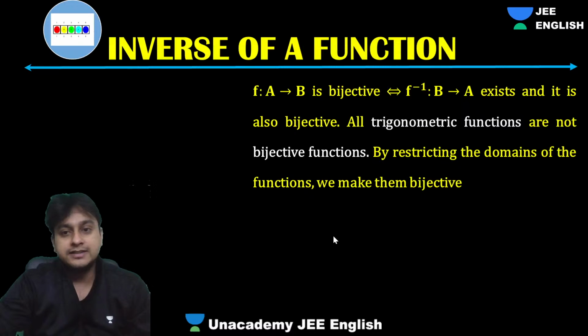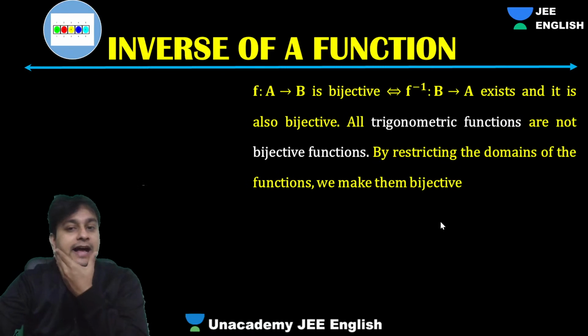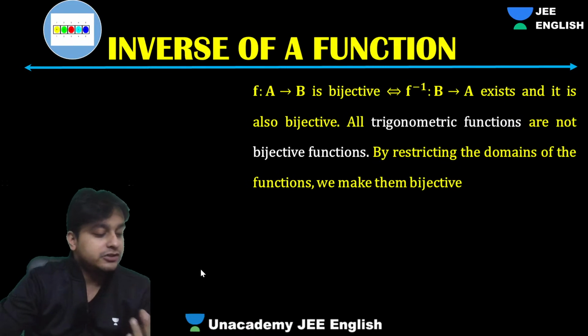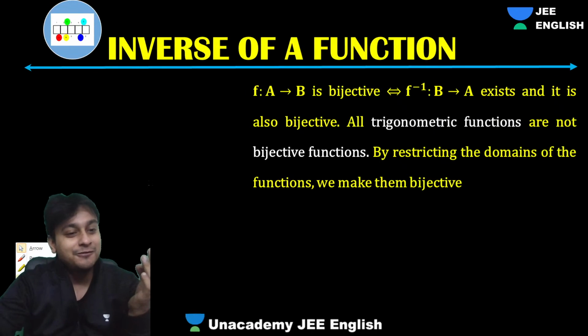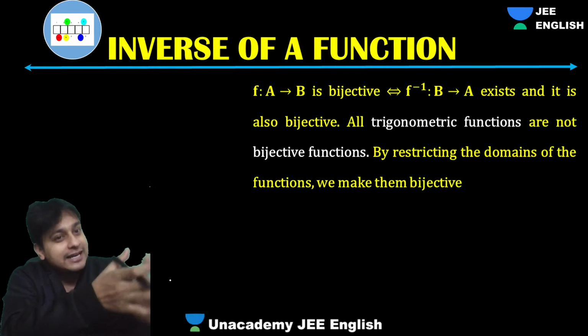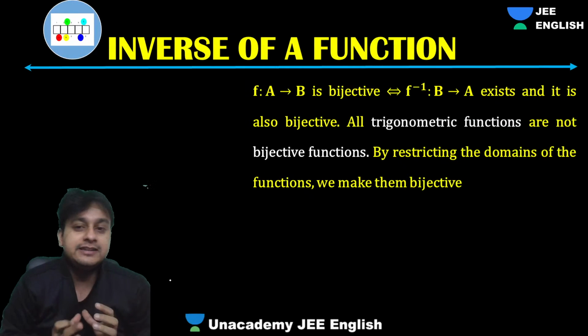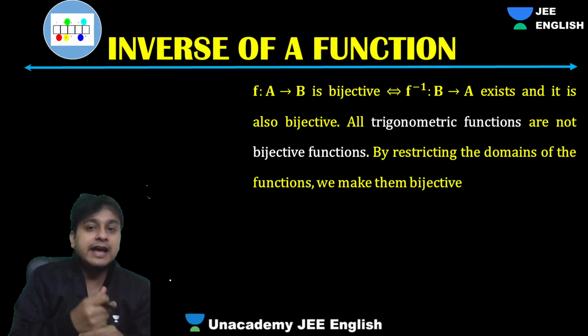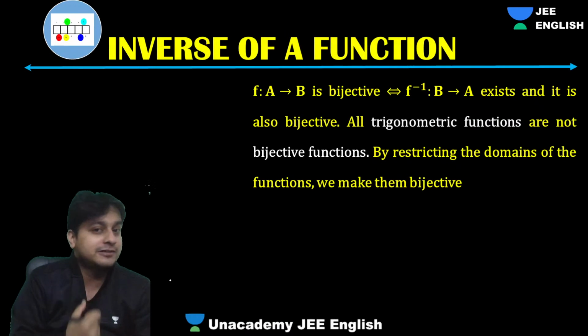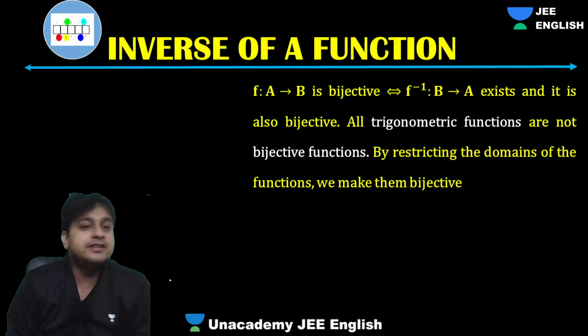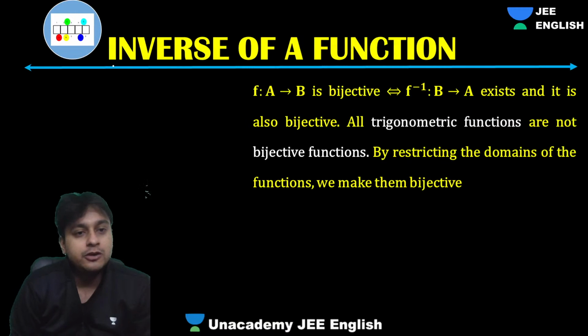Okay, let's go guys. First thing, I have already discussed the inverse of a function in the chapter of relations and functions, right? Just after that chapter we study inverse trigonometry. There is a particular way of studying these chapters, and that's the reason why I've already taught you the inverse of a function. So what is the inverse of a function? I've already told you there are key points about it.